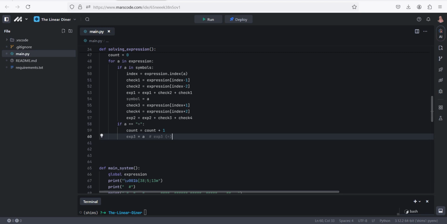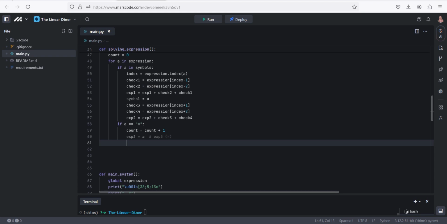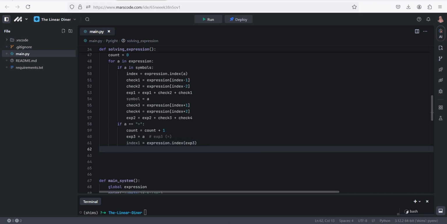And then we're going to be creating another variable called index1, just like what we did with the index, to find the index position of this equal sign. So we're going to say expression.index of expression 3. So here I'm going to change it to exp3, which is the equal sign. And then we're going to do a check5 and a check6 because now we're going to be finding the digits that come after the equal sign.